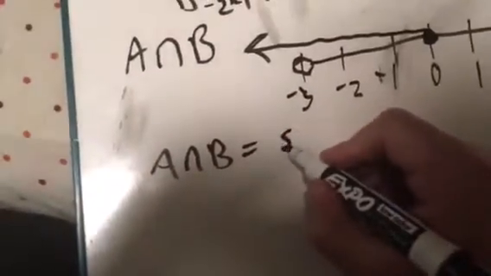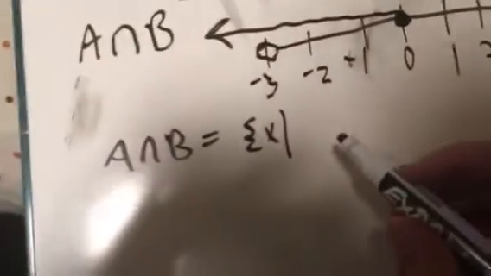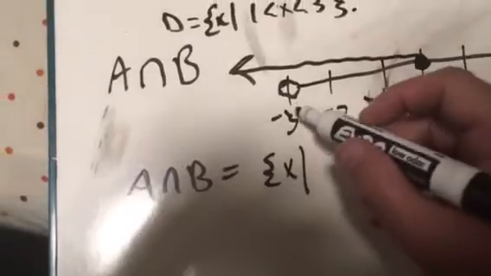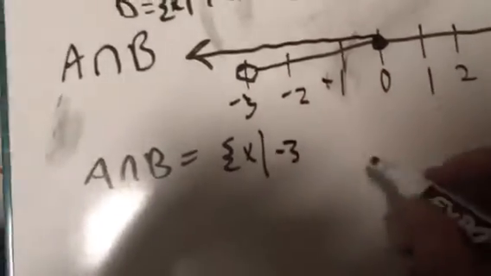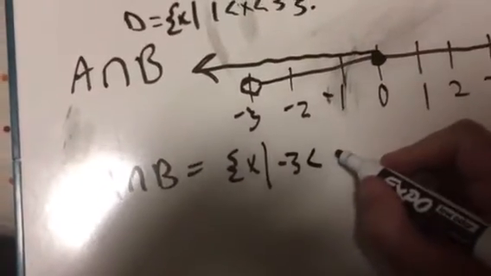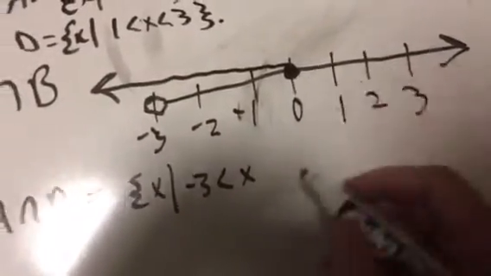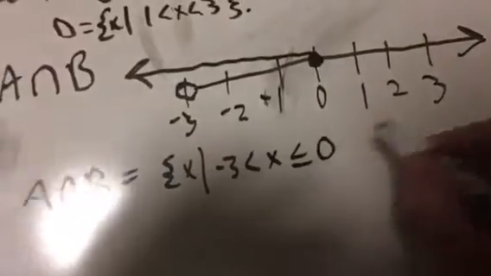So you're going to want to put that back in this notation. We say A intersect B equals the set, just like up here, of all x such that negative 3 is strictly less than x, which itself is less than or equal to 0.